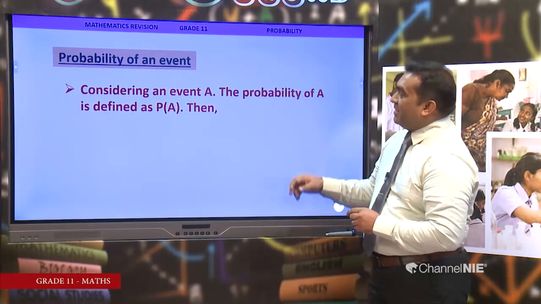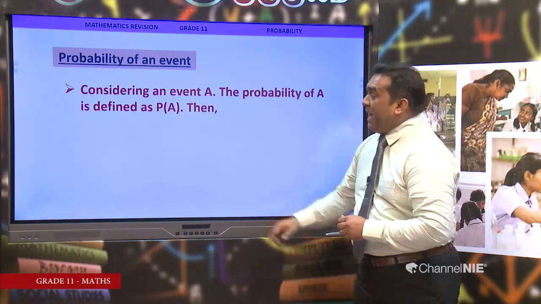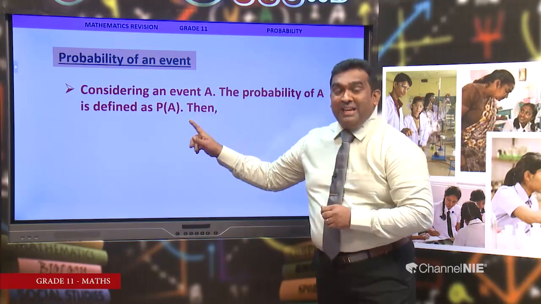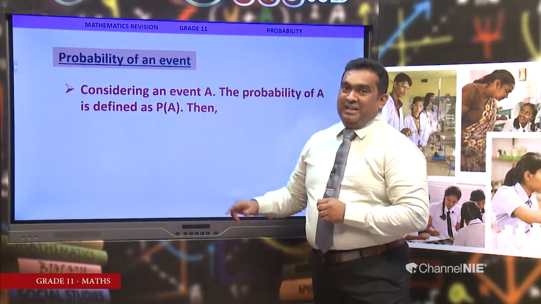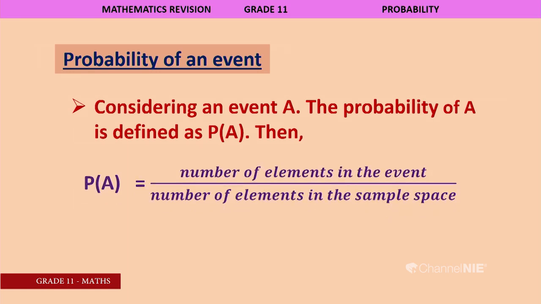Considering an event A, the probability of A is defined as P(A). Then P(A) is equal to the number of elements in the event divided by the number of elements in the sample space.